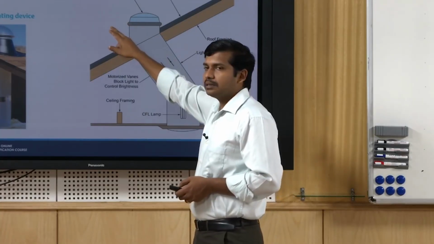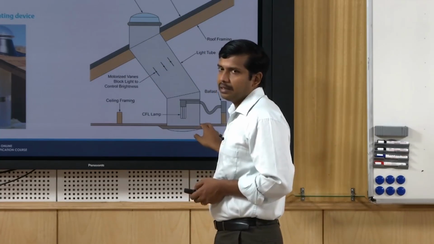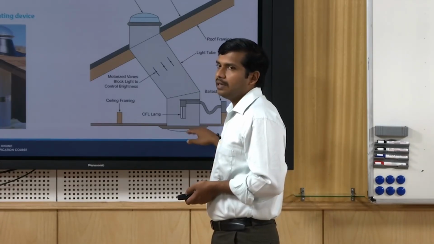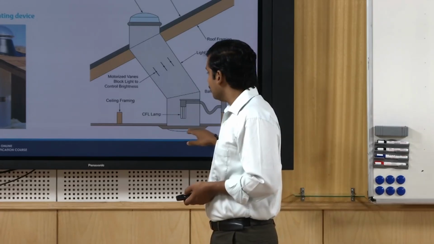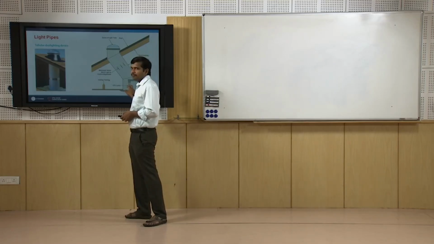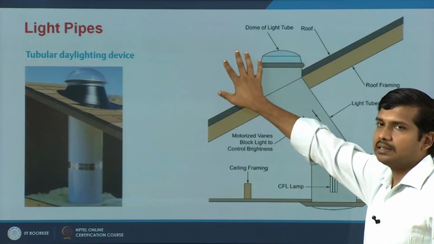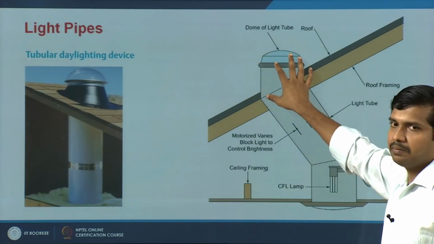By virtue of this, the amount of light which is received inside is highly fluctuating. In that case you will always need a supplementary light whenever there is a dearth or reduction in the amount of daylight which is available here.